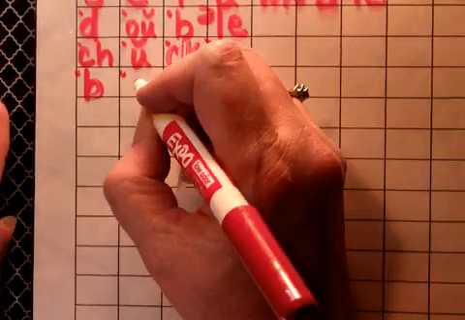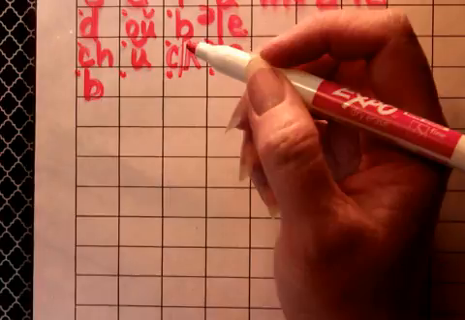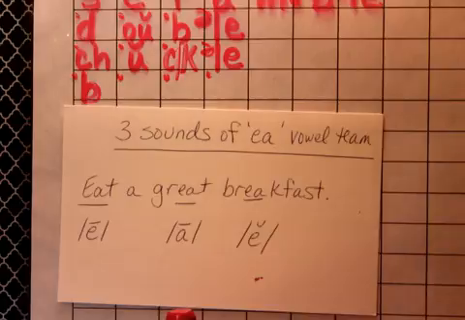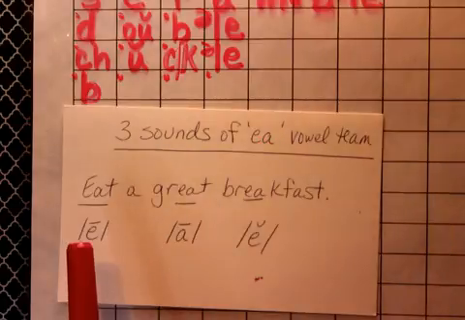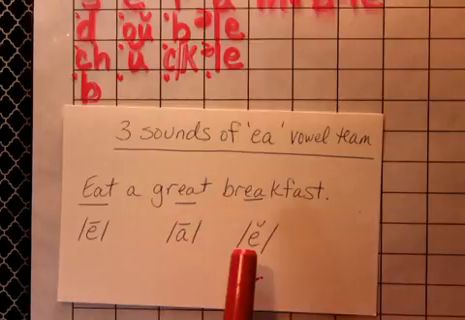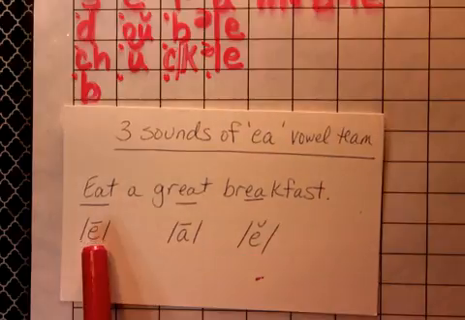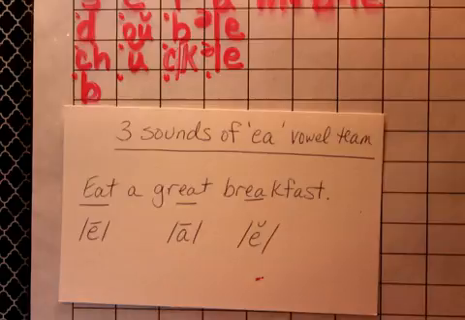E. E can be spelled with an EA. I'm going to show you this. EA can represent three different sounds. E like in eat, A like in great, and E like in breakfast. And this word beagle, the long E sound, is represented by the EA.